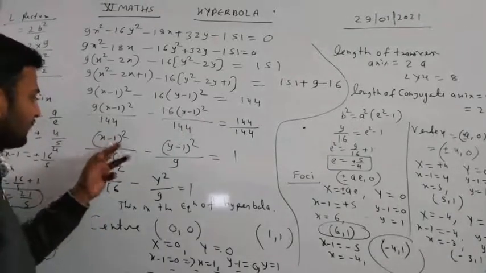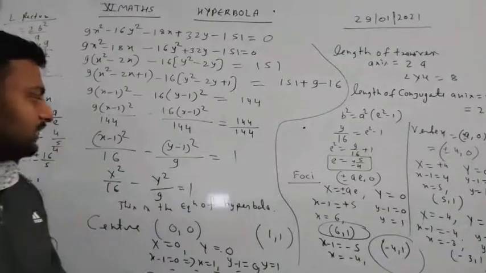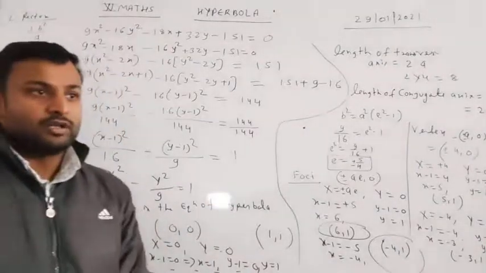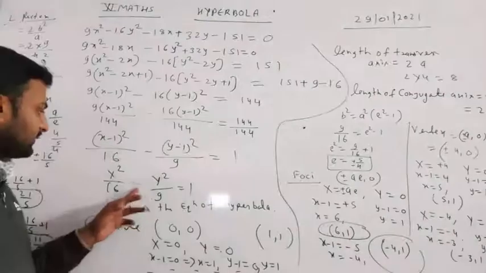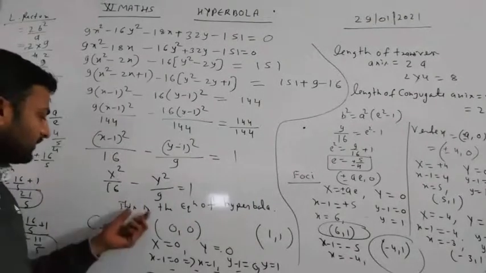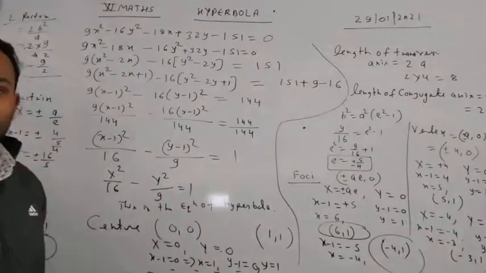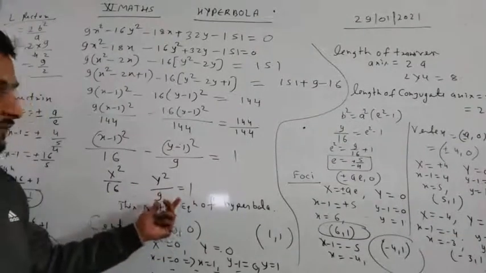So this is x minus 1 whole square by 16, and this is y minus 1 whole square by 9, and this is equal to 1. Now we can write x square by 16 minus y square by 9 equal to 1. Okay students, this is the equation of our hyperbola.